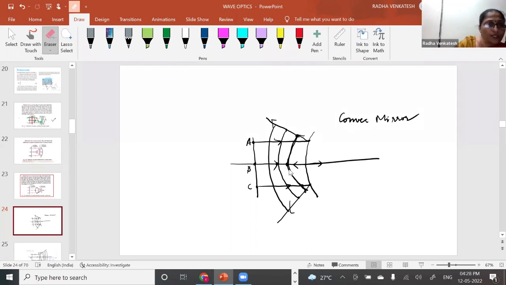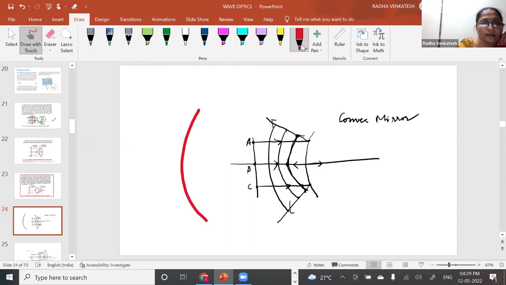One way I make my children remember to draw is, see, for a convex mirror, if you draw like this, your reflected wavefront is also going to be parallel to that shape. Are you getting me? Yes, ma'am. So if I draw the mirror like this, this is my wavelet that is falling, right?